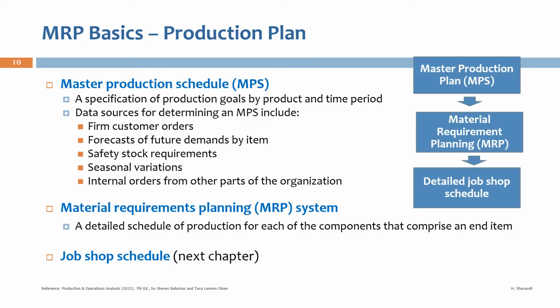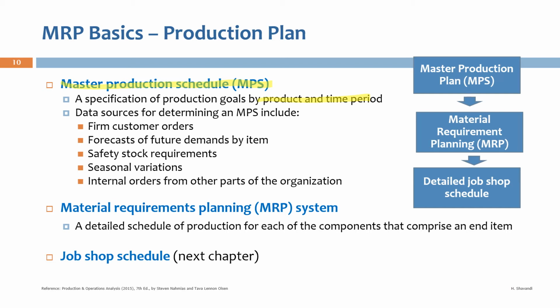So in the production plan, at first we prepare a master production schedule, or MPS. MPS is a master production schedule for the end items, for the finished products over a period.